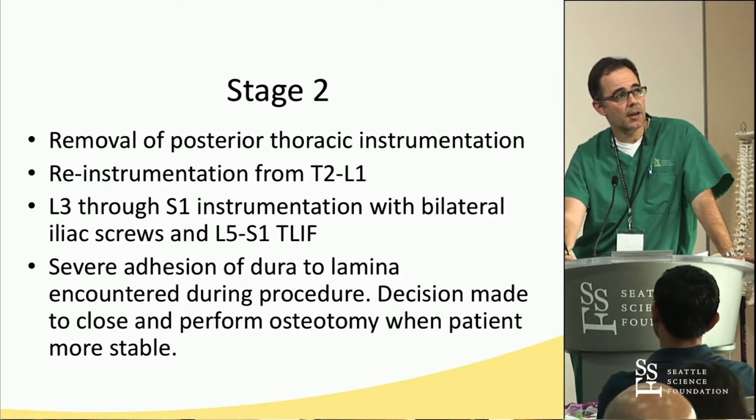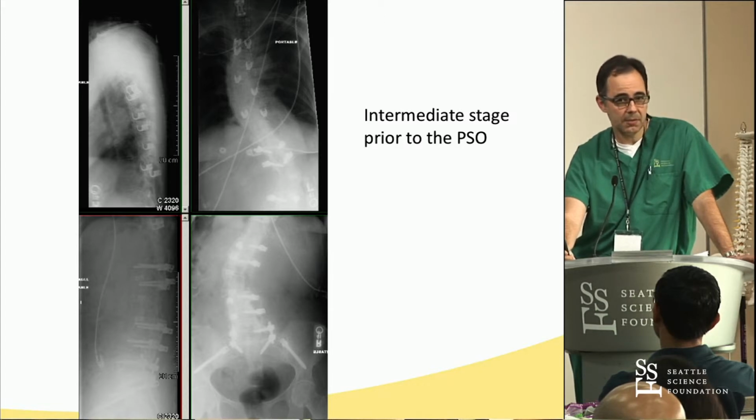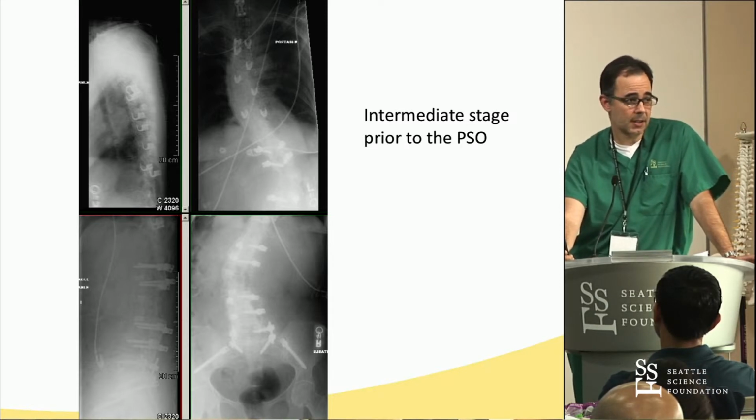What we ended up doing was a staged procedure where we put in hardware and did a posterior element resection. There was a severe leakage of spinal fluid with resultant blood loss of over 2 liters.